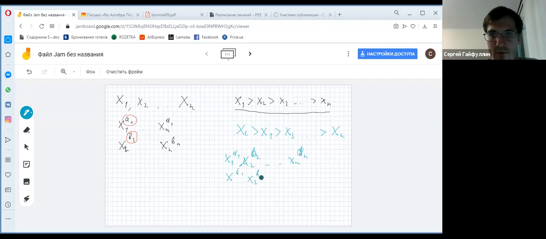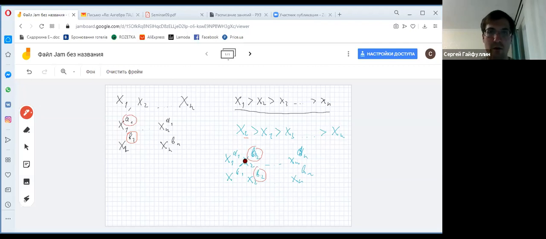Then first of all, I look at a2 and b2, because x2 is the biggest variable. So first of all, I look at the powers of the biggest variable.